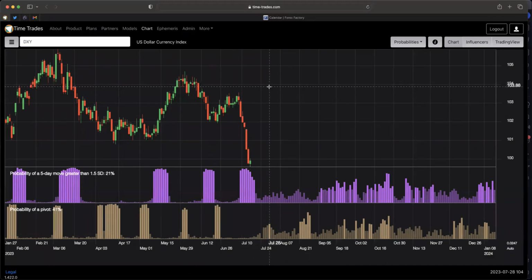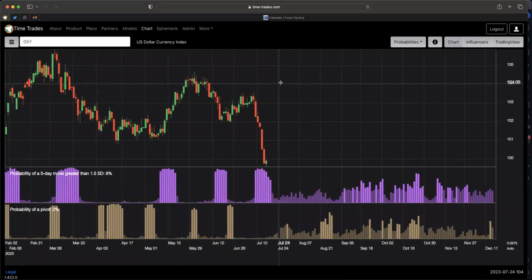And these pivots over here have been updated. It looks like July 28th is the next opportunity for a pivot low here. But huge move down in DXY. And this is also a great example of how to use Time Trades to get in early on a trend, because we were confident that this move was going to continue down because there was no pivot until later in July.